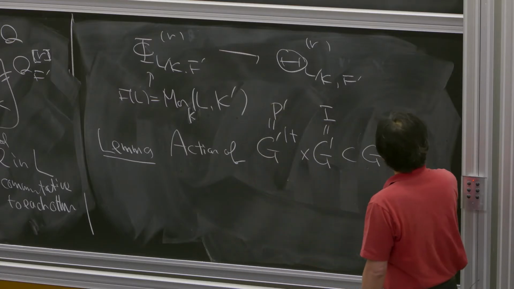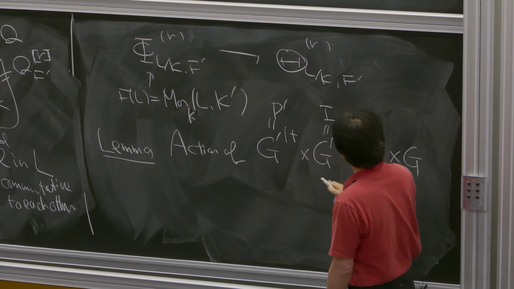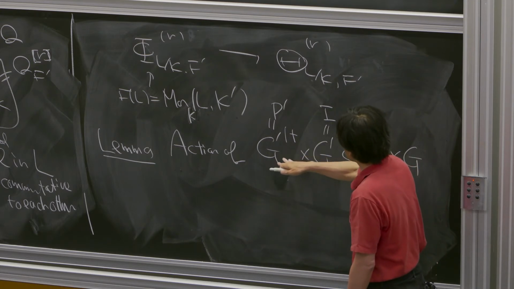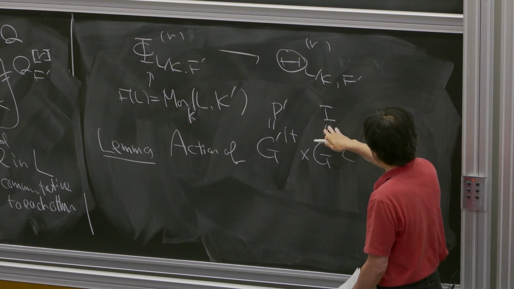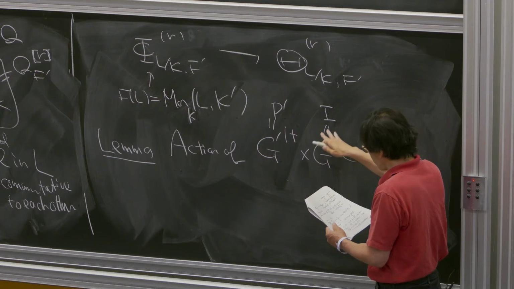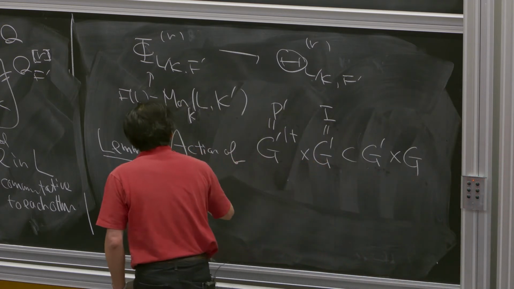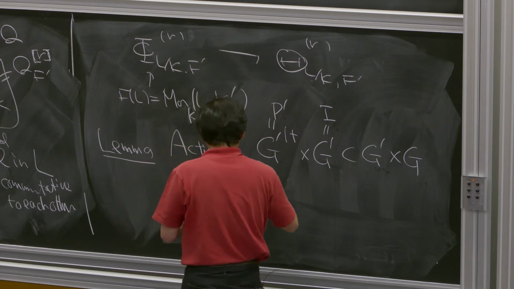So we have this whole group, but we restrict the action to this subgroup. So for P prime on this first factor, and inertia for the first factor and usual inertia on the second factor, the action on this target is trivial.